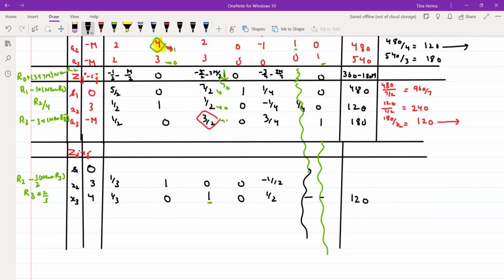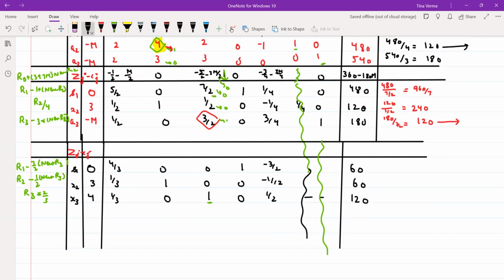And these entries we are not calculating. This is 60. Now you have to make this element 0. So we will apply the operation R1 minus 7 by 2 times new R3. So this will become 4 by 3, 0, 0, 1, minus 3 by 2. And this will become my 60.